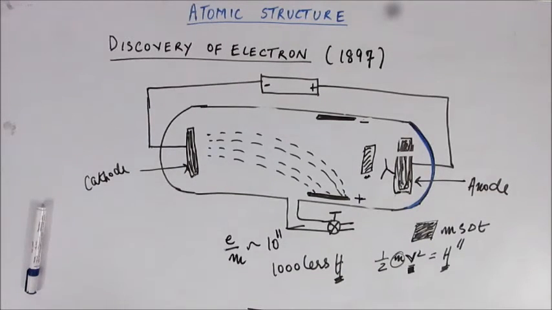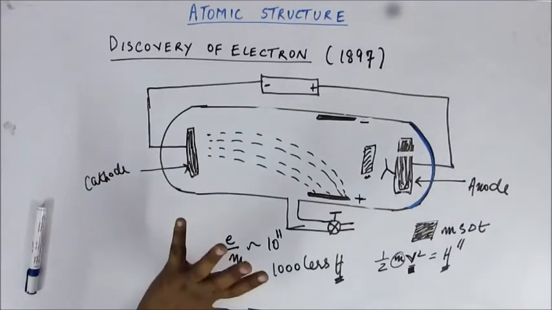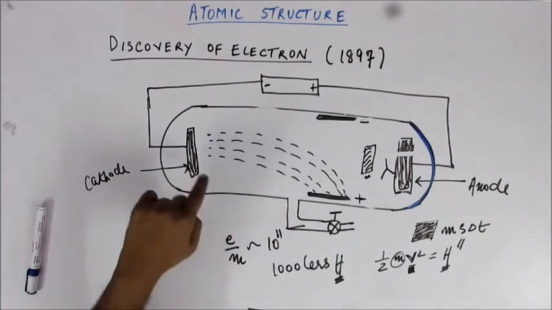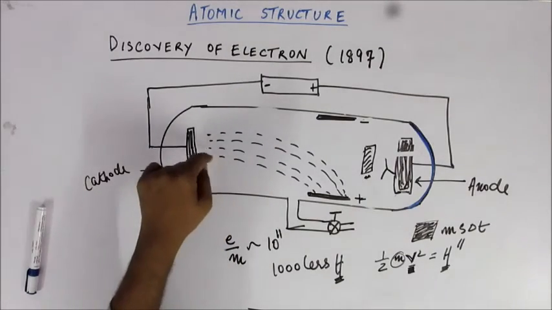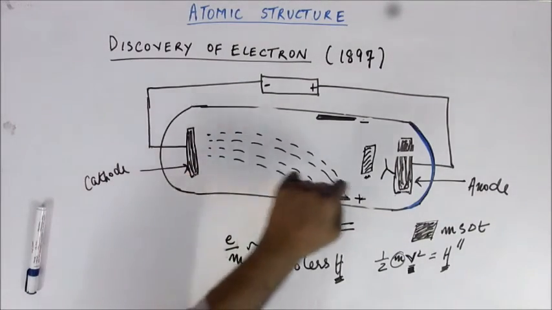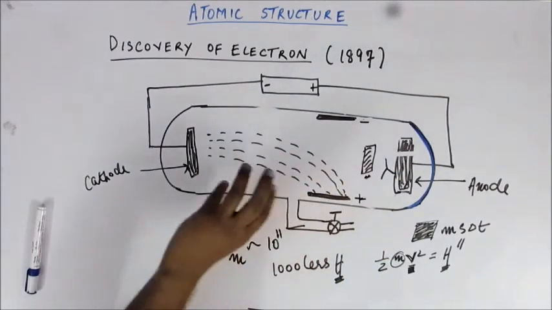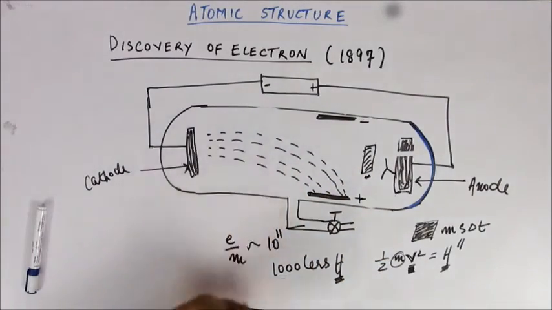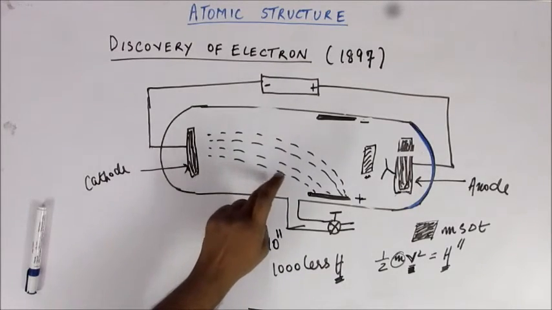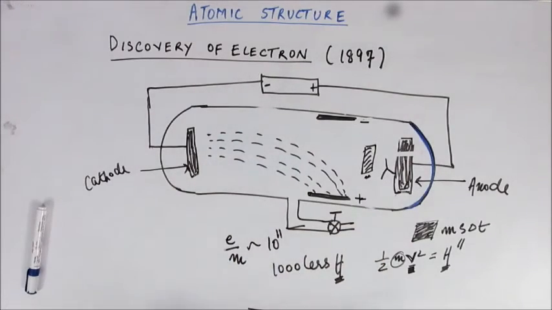Actually, the problem would be if you have more air molecules, you would know that air is a bad conductor of electricity. So what is happening is electrons are running from one electrode to another electrode. In the meanwhile, if you have more gas molecules, then those gas molecules will absorb that electron. And the electrons will not be able to reach the other electrode because air is a bad conductor of electricity.